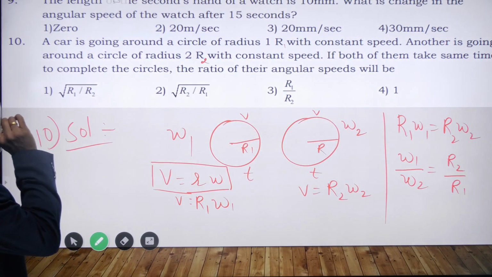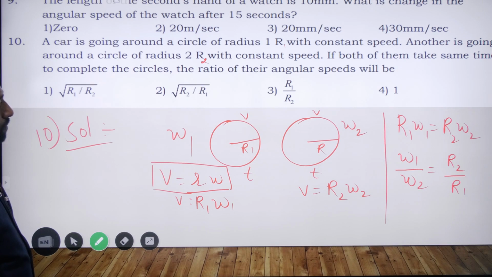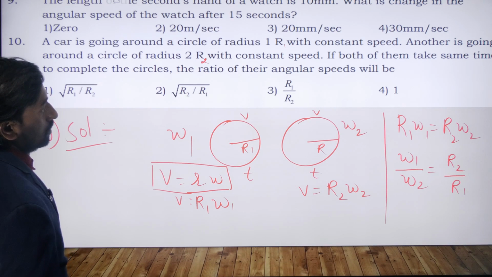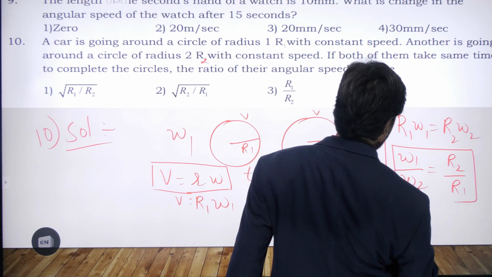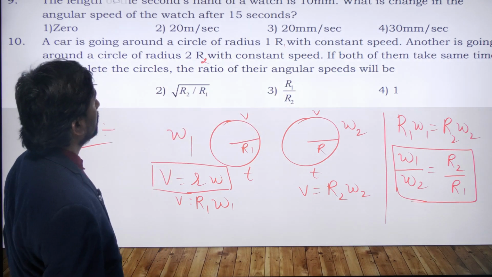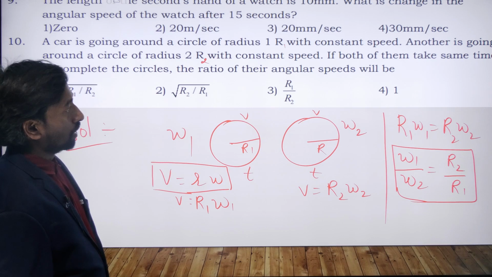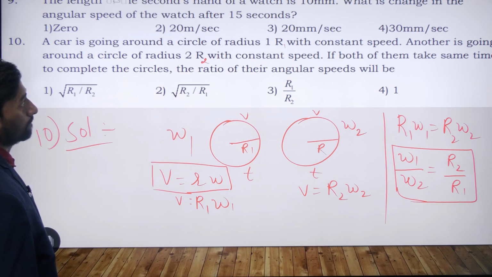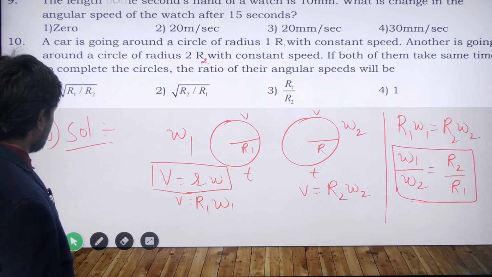So if both of them take the same time to complete the circle, the ratio of their angular speeds, omega 1 by omega 2, is r2 by r1. Okay. So next problem we'll see then.